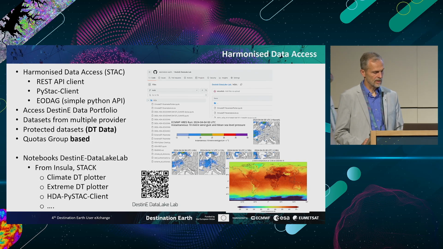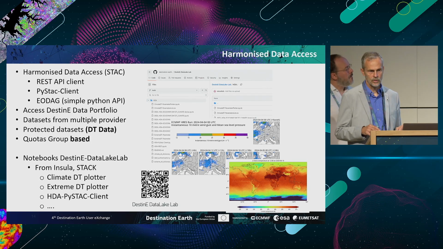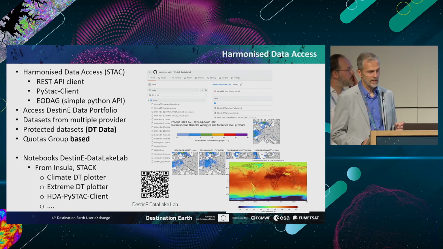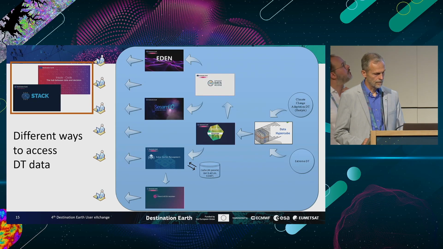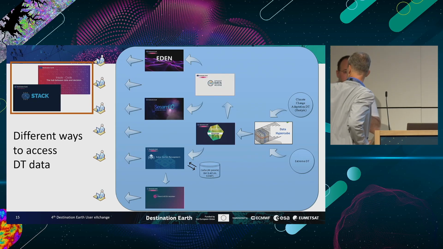You can, for example, have a look at the climate.dt plotter or ExtremeDT plotter. It's a Jupyter Notebook, and there you can select the different parameters, select the different models, and get the idea of how it works. You could also extract a little bit of code and paste it directly into access to Polytope. So now I'll go back to you, Ines.